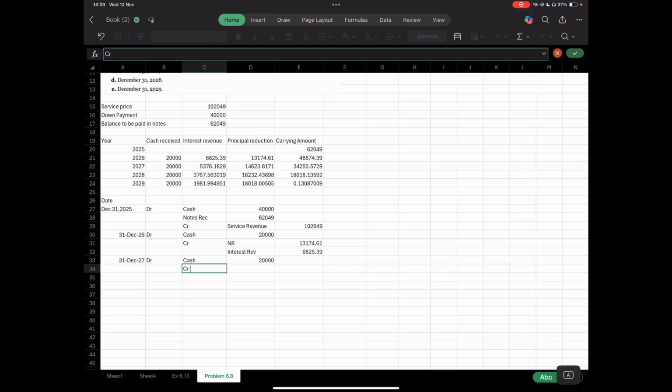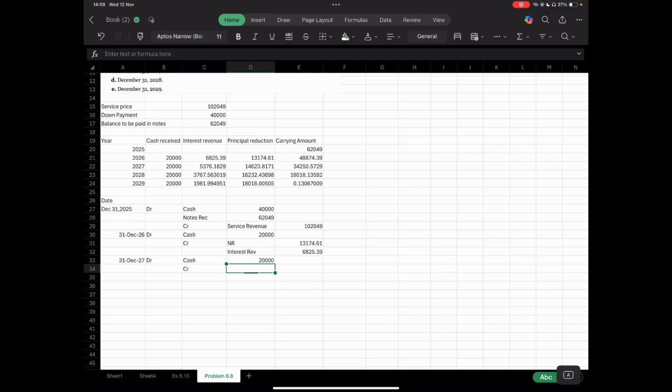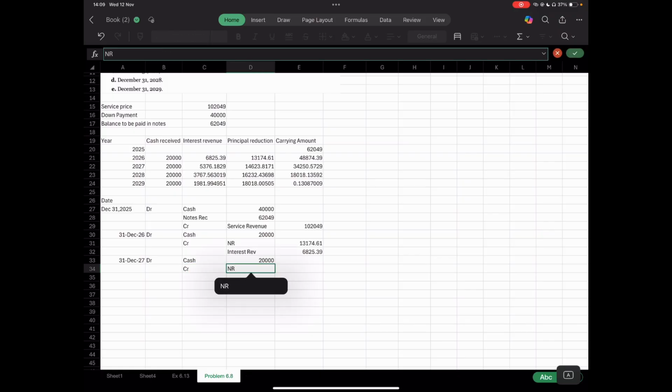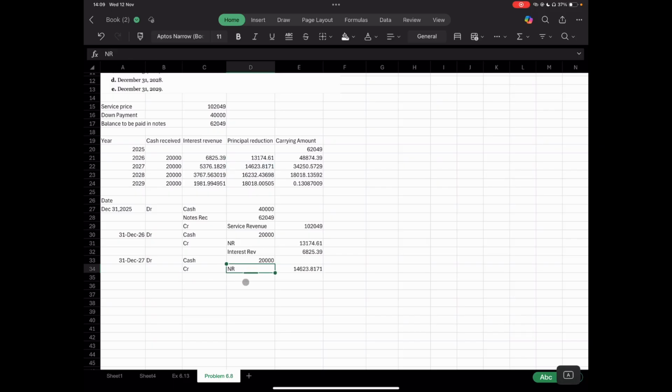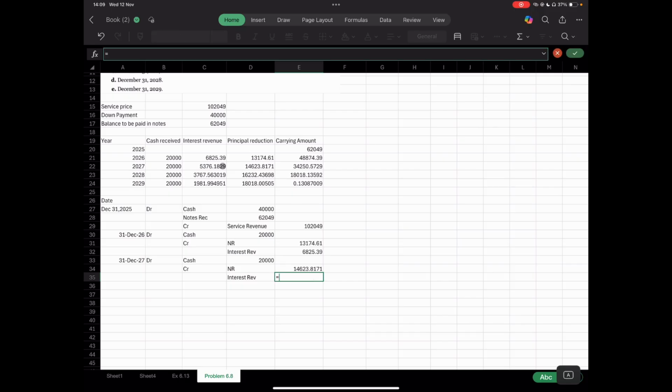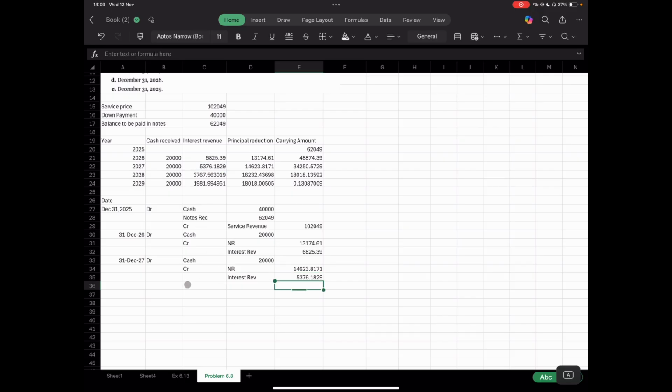Here comes our credit: notes receivable and interest revenue. This is our second installment and interest revenue.